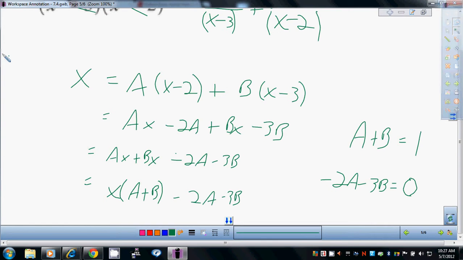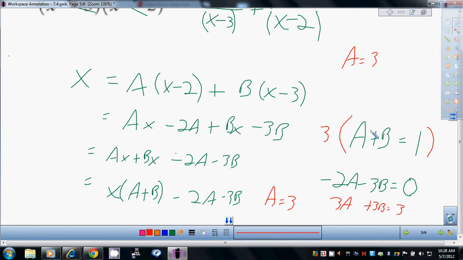Now, system of equations. Who remembers how to do that from a long, long time ago? Hey, all right. That's right. Elimination method. Multiply the top by 3. That'll give us 3a plus 3b equals 3. What did that give us? a equals 3? Awesome. So a equals 3.